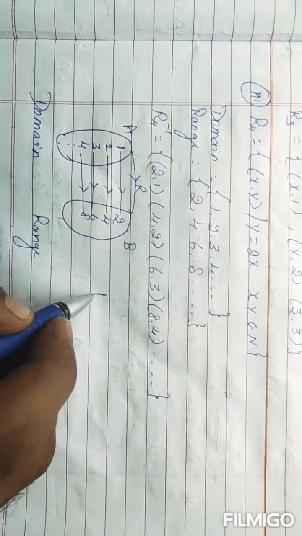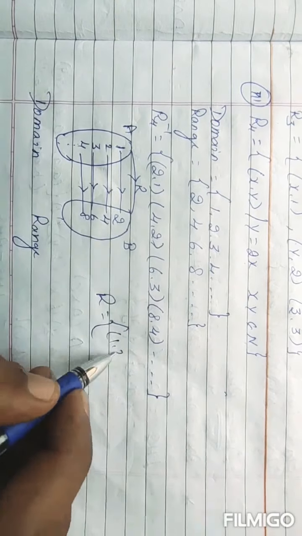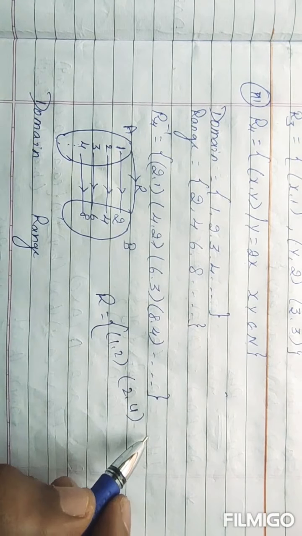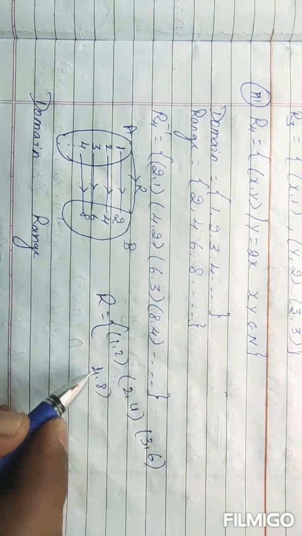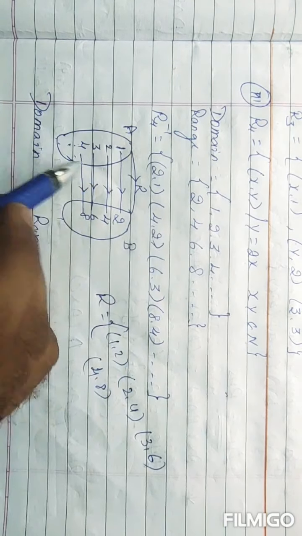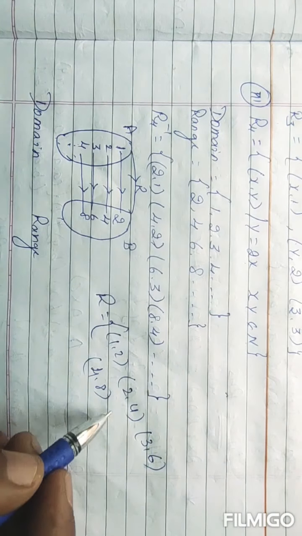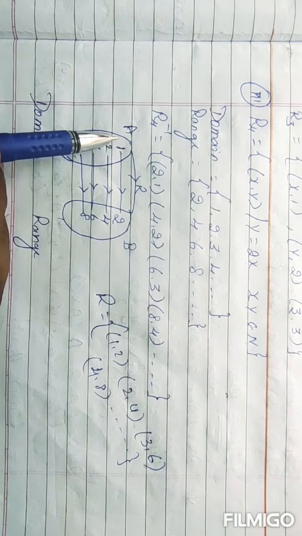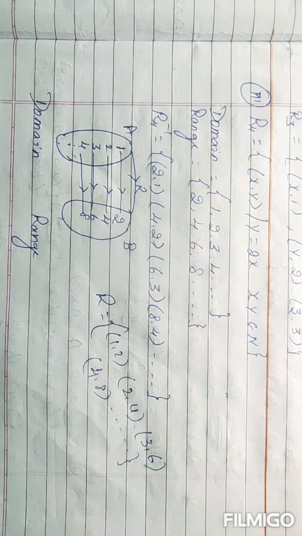So I can define R as (1,2), then (2,4), (3,6), (4,8). If I take 5, 5 twos are 10, because this is natural numbers and this is also natural numbers. There is no end, because for natural numbers, if you start from 1, 2, 3, 4, 5, there is no end.